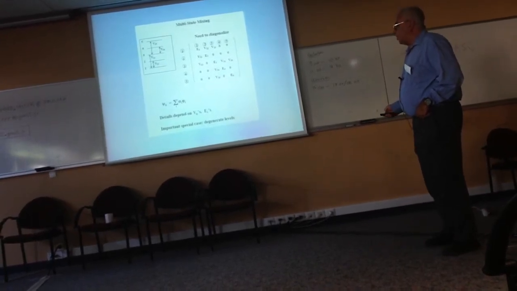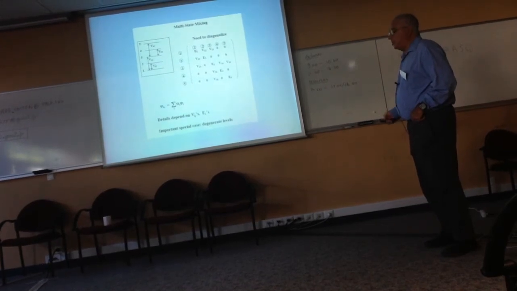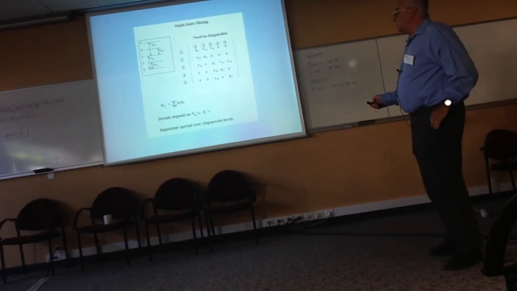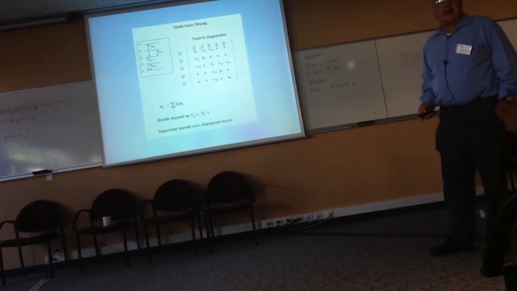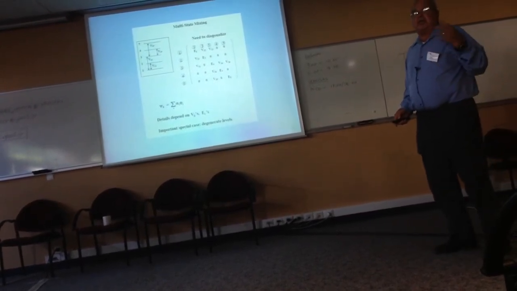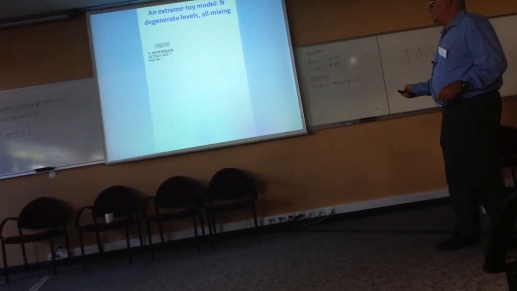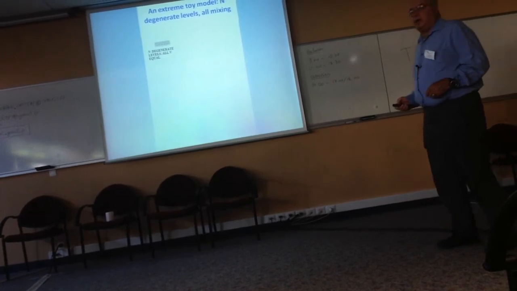The details will depend on the interactions and on the energies. I want to discuss one important case where all of these levels are degenerate. That's not a realistic case, but it contains the essence of a lot of physics we'll discuss. This is what I would call an extreme toy model.